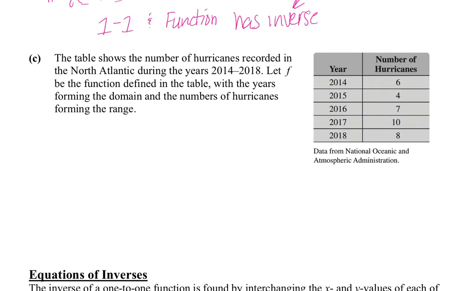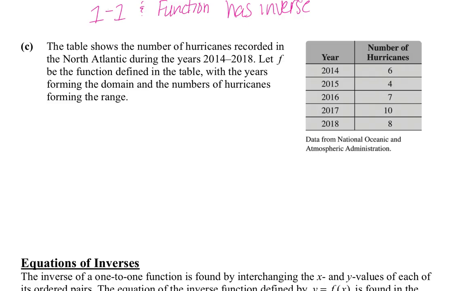Here we have a table of information that's given to us, and we see that in the year 2014, there were 6 hurricanes in the North Atlantic. In 2015, there were 4. In 2016, there were 7, and so on. First of all, there is exactly one x value for every y value, and every y value has exactly one x value.